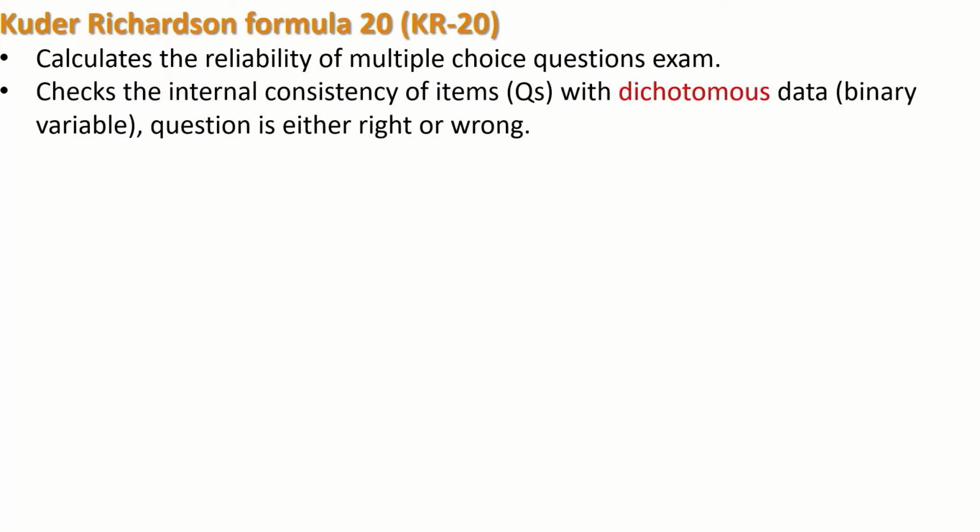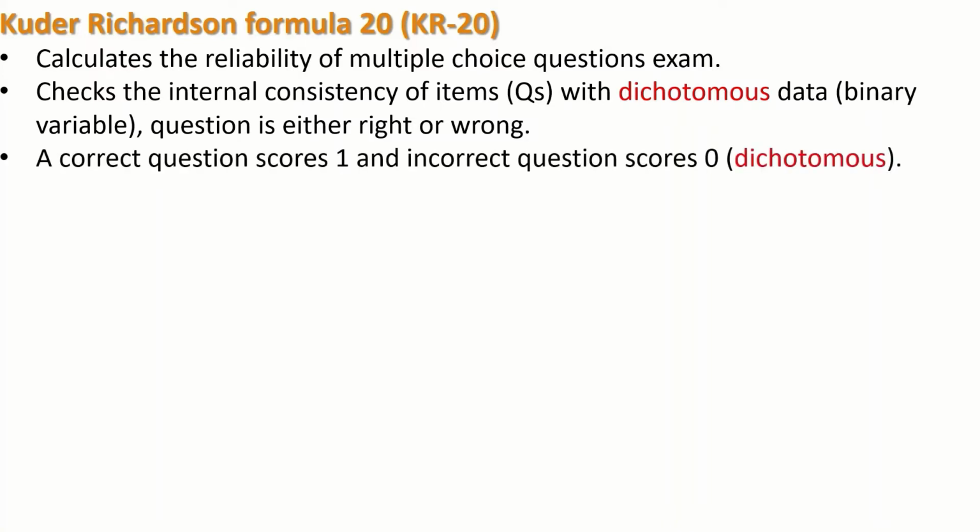It checks the internal consistency of items or questions that are dichotomous, i.e. they have only two options, either right or wrong. So the data are dichotomous data or binary data.